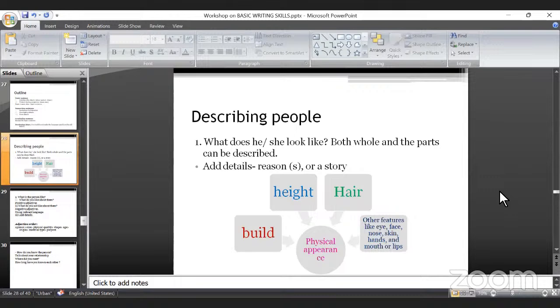Now, we'll start looking at how you describe people, right? So when you're talking about people, what are the things that you can talk about? Remember the first part was the topic sentence, and within that introduction, introducing the person, place, or thing. After that, you express the perspective, and within the supporting sentences, the first thing was to give background information, and the second thing was giving details.